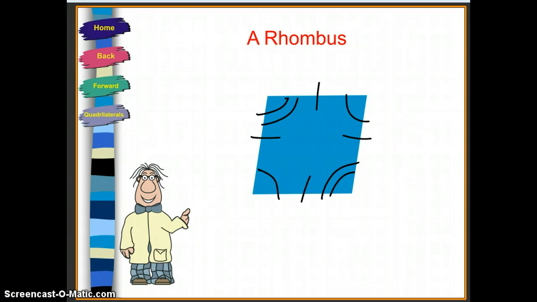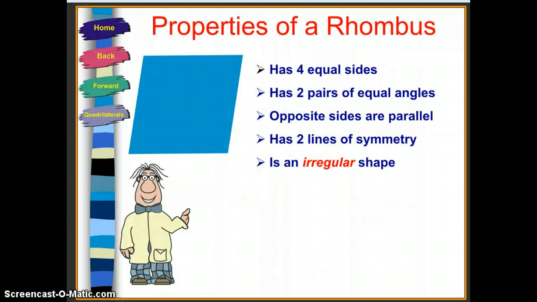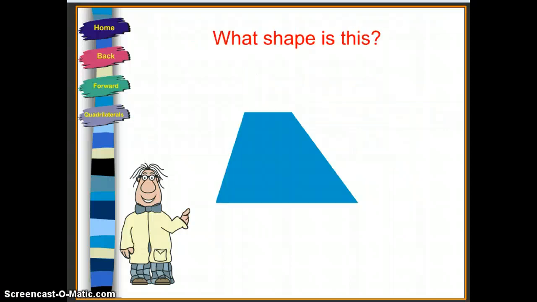So to get the area of that, it's just going to be the same as getting the area of a parallelogram. Lines of symmetry and a little bit of information there.